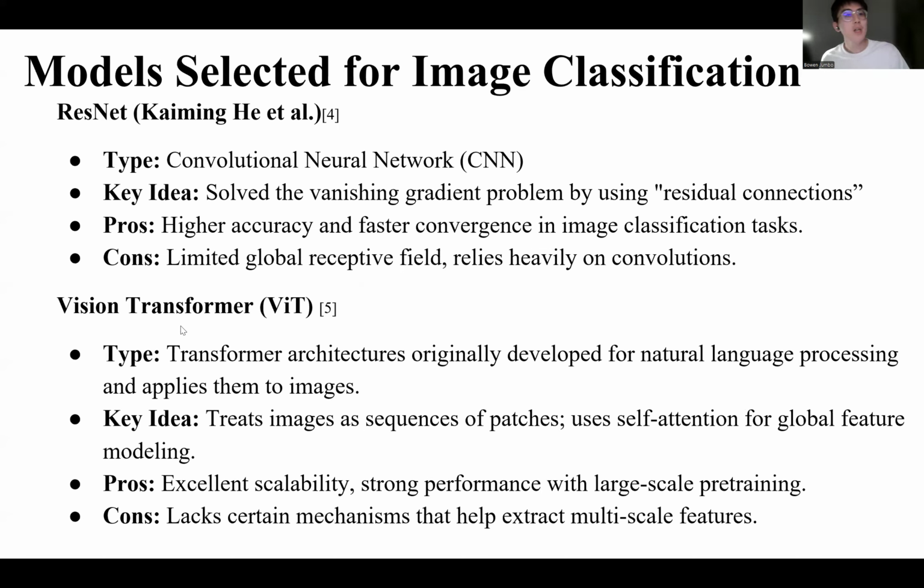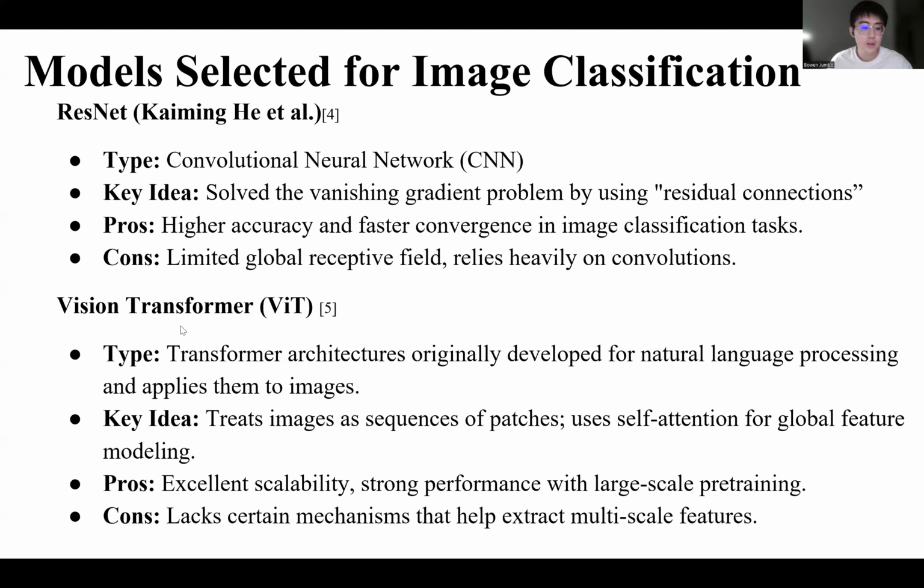Okay. In this part, I'd like to introduce the image classification models. On my dataset, I tried 3 different models: ResNet, vision transformer, and Swin transformer. First, let's talk about ResNet. ResNet is a network introduced by Kaiming He and his team in 2015.